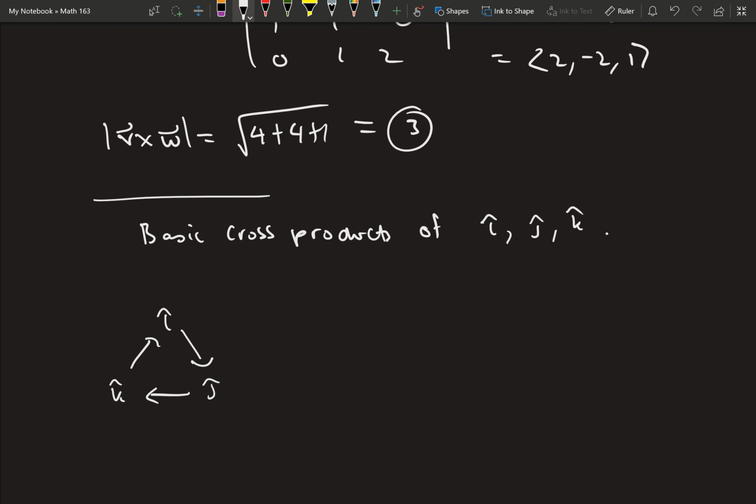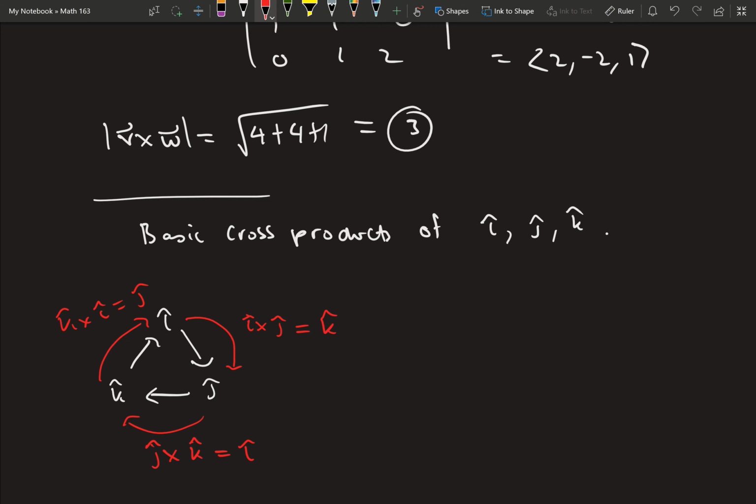So if you take the cross product of i and j, so i cross j, it equals the next thing here. So you go to the next one, it goes to k. If you take j cross k, then that equals the next one, which is i. Similarly, k cross i is equal to j.